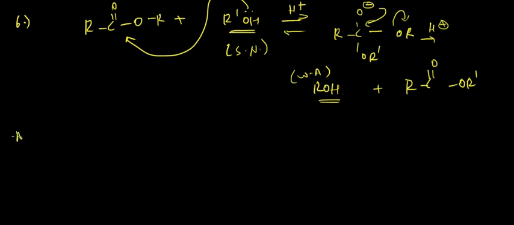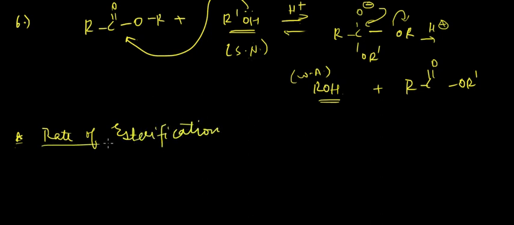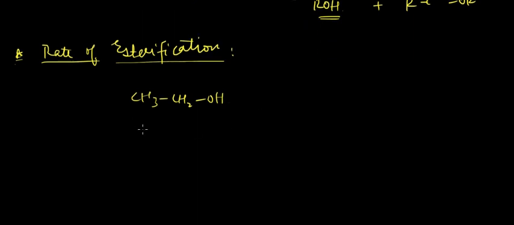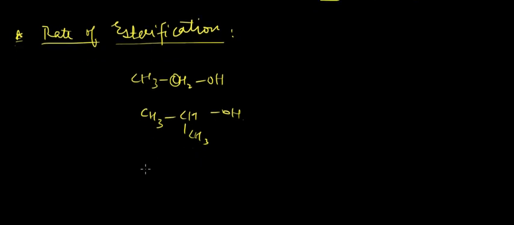Now let's compare the rates of esterification. If you compare the rate of esterification for the following alcohols, what you will get is that as the number of substituents attached to this carbon atom increases, the nucleophilicity decreases. Why? Because of obvious steric hindrance reasons.